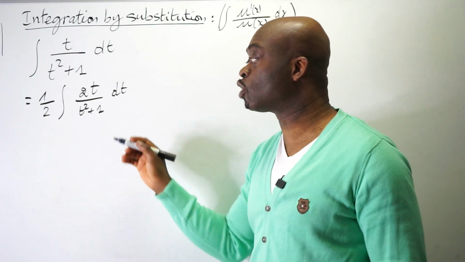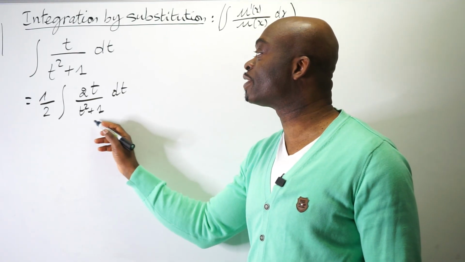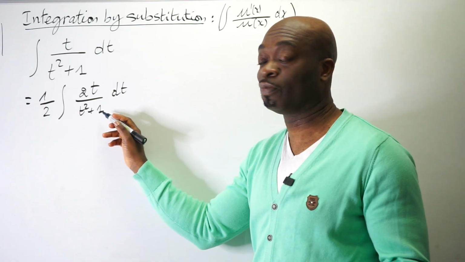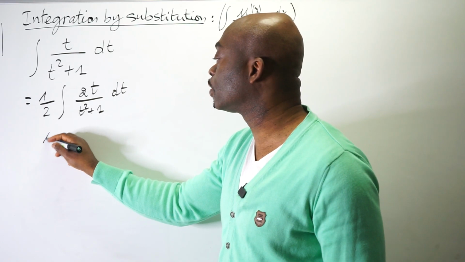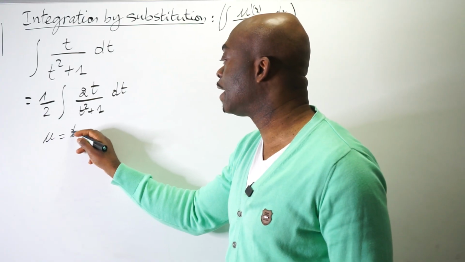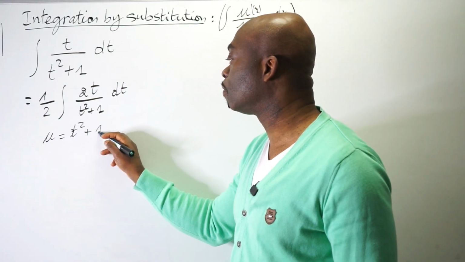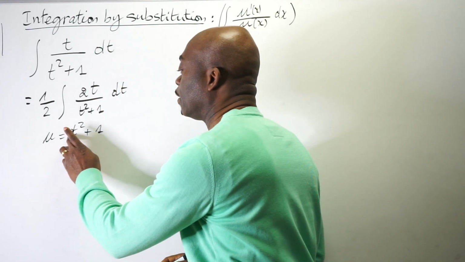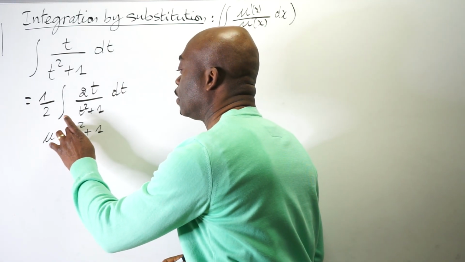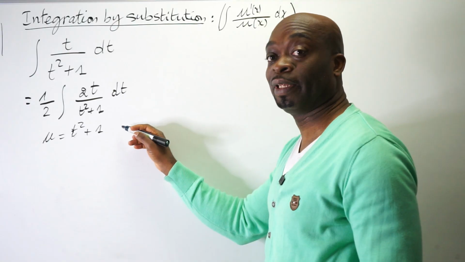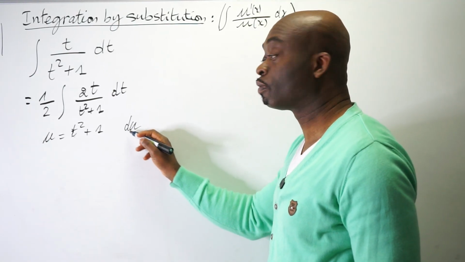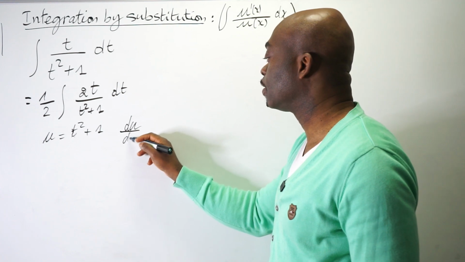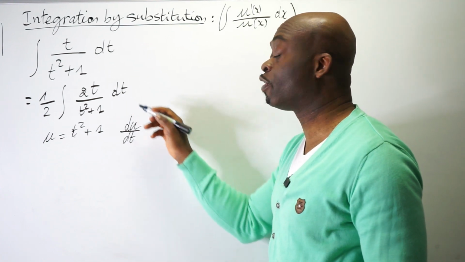So let's keep going. We set up the denominator as u, like we did in previous videos. So u equals t squared plus 1. Then we find du with respect to dt, as t is the variable we're dealing with.